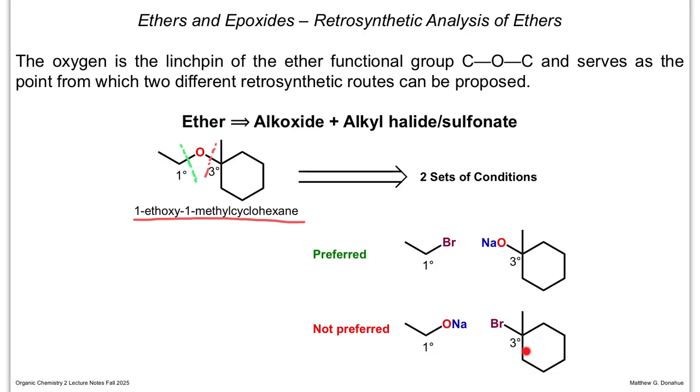So instead of doing substitution, this would do an elimination. And so specifically with tertiary leaving group, instead of acting as a nucleophile, this would now be a base. And so it would do an E2 elimination.